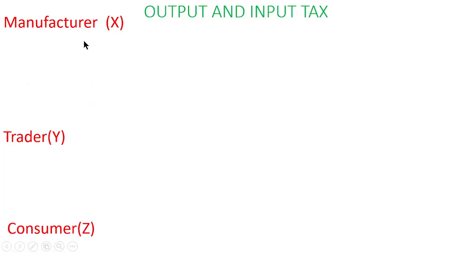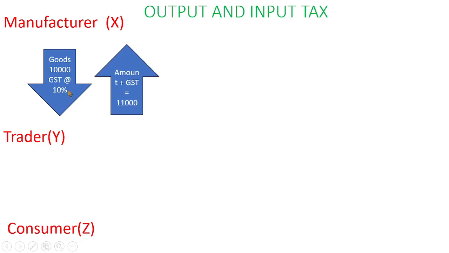Z. So manufacturer sold goods worth 10,000 plus 10% GST to trader, and trader pays 10,000 plus 10% of 10,000, that is 11,000. Total 11,000 to manufacturer X. So here manufacturer X is seller and Y is buyer, and trader sold the same goods worth 10,000 to Z for 12,000, because 2,000 is his profit.